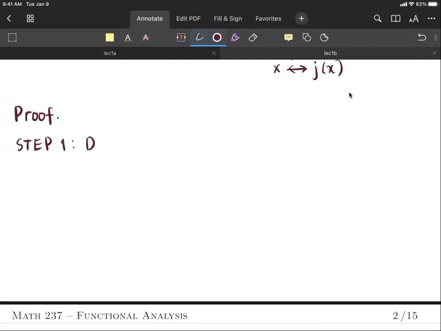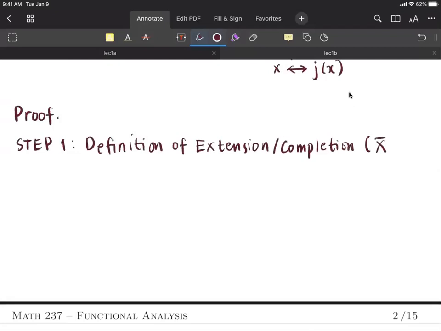The first step is the definition of the extension. By this extension, or I mean completion, is denoted by X bar.